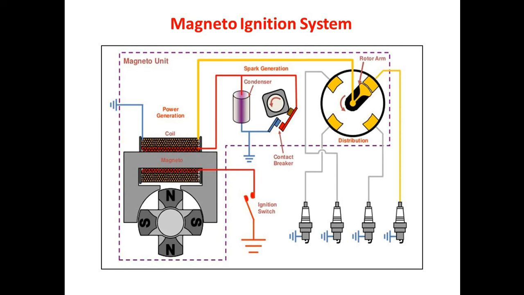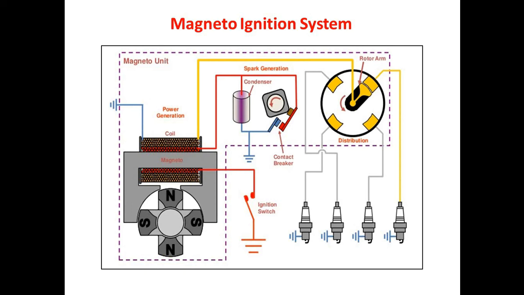But when ignition is required, the distributor camshaft operates the contact breaker and opens the contact breaker point, so that now current will not flow through the contact breaker. This current now flows through the capacitor or the condenser, and it charges the capacitor at higher voltage.